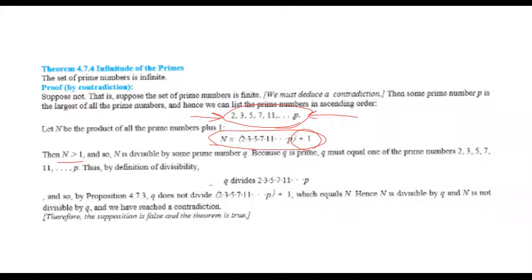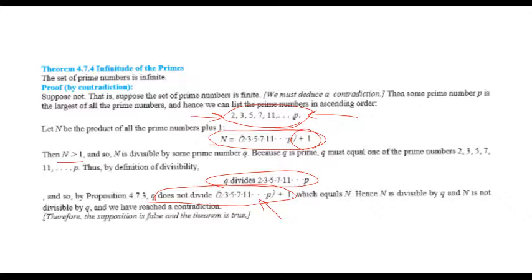So basically q divides this product because q is equal to one of them. And since q divides this product, q does not divide this product plus 1, because if you divide such an integer by q, the remainder becomes 1. It's impossible. q does not divide this product plus 1, right?